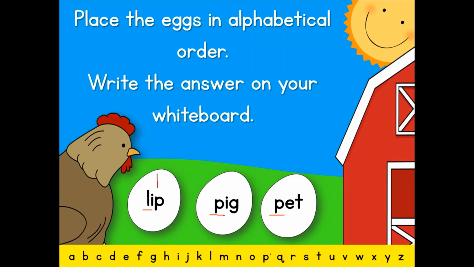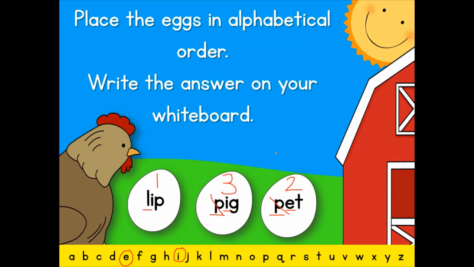Now, there's P. So we know P definitely comes second, but we've got to look at the second letter after the P. So I'm going to cross out the P, underline the I and the E, looking at the second letter, and we have to figure out which one comes first, I or E. So go back to the beginning, and there's E. So E is going to be word number 2, and then here's I, just to make sure.